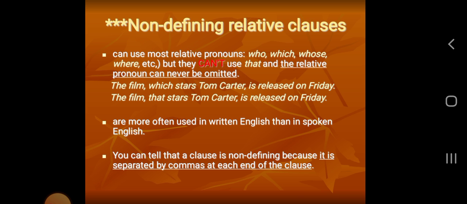Non-defining clauses are more often used in written English than spoken English. You can tell that a clause is non-defining because it is separated by commas at each end of the clause. The film star that stars Tom Carter is released on Friday is wrong.